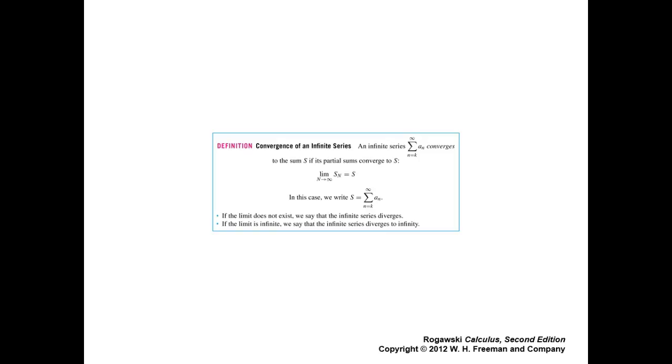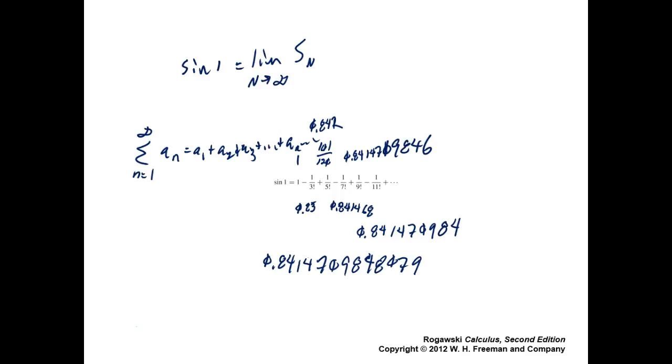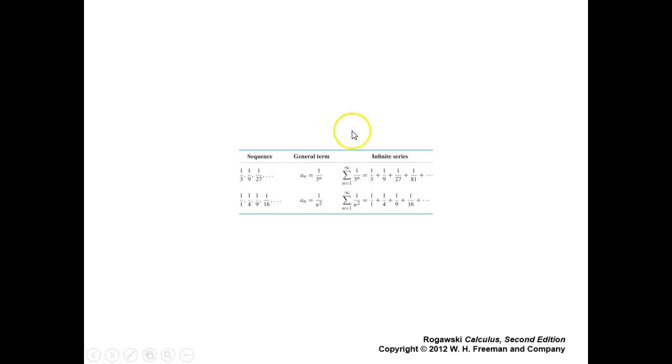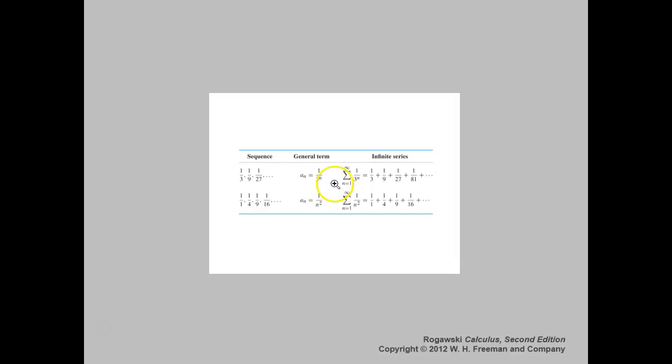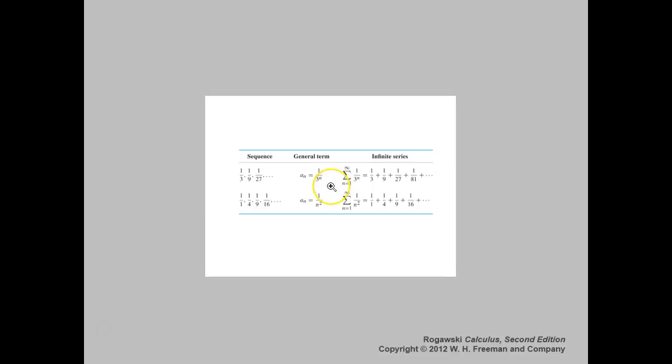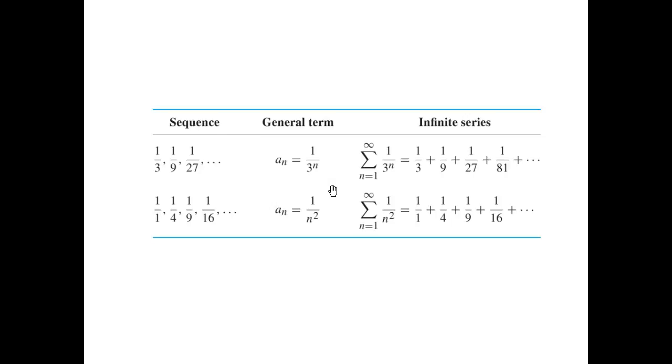So let's look at how we express some of these things. Okay, this is the slide. I was going to write it, but it's here, so I won't write it. I'll just zoom in on it. Here's a sequence of numbers: 1/3, 1/9, 1/27.